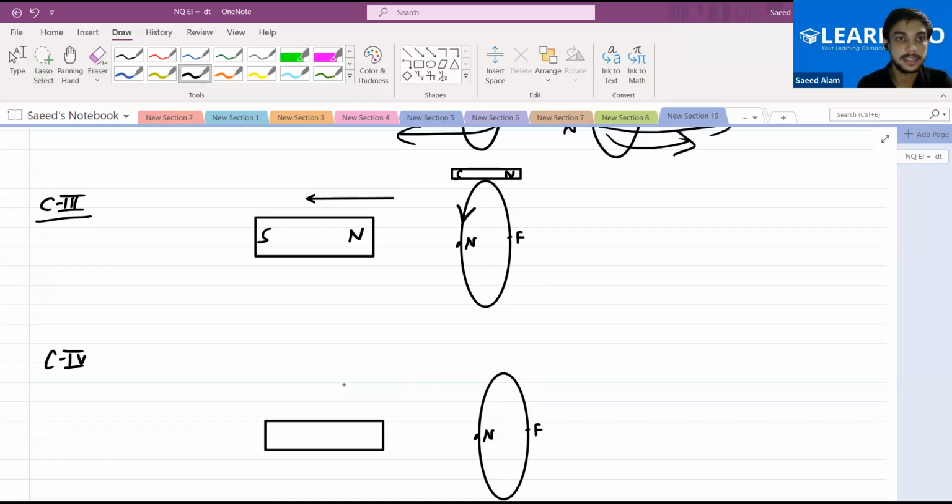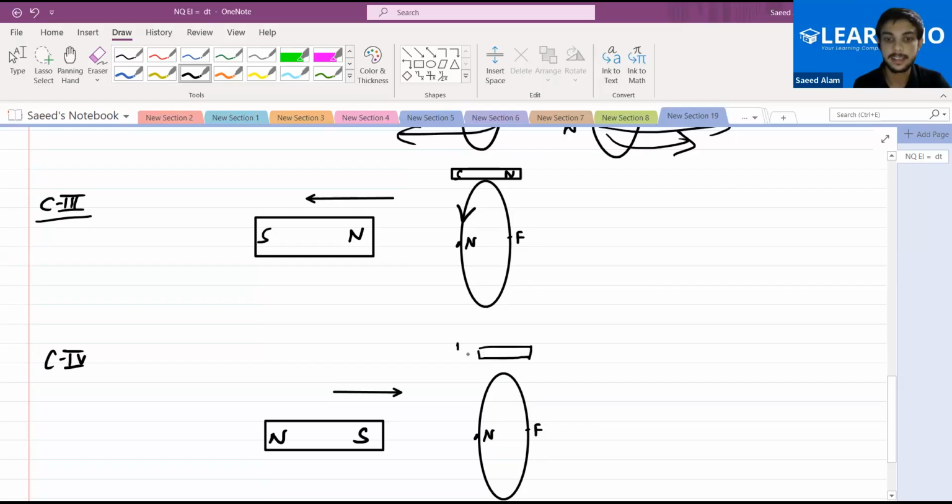Let me place the south pole here and the north pole here, and suppose I'm moving this particular magnet in this direction. Can you tell me in what way this is going to induce this particular loop?